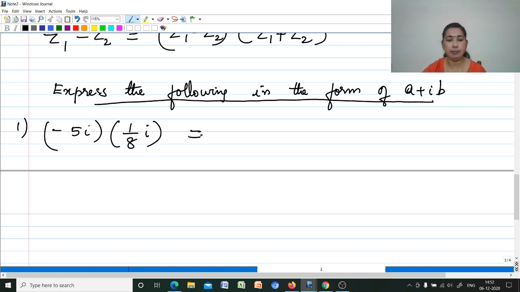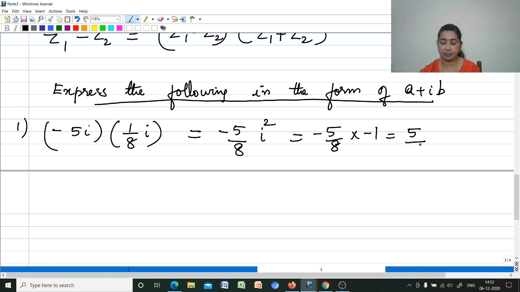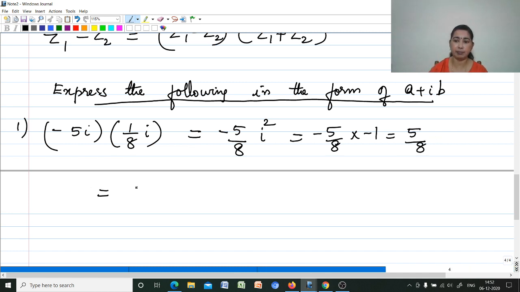This can be written as minus 5 into 1 by 8, that is minus 5 by 8, and i into i is i square, and the value of i square we know is minus 1. So minus 5 by 8 into minus 1 is equal to plus 5 by 8. Since we have to write it in the form of a complex number, we can write the answer as 5 by 8 plus i0.